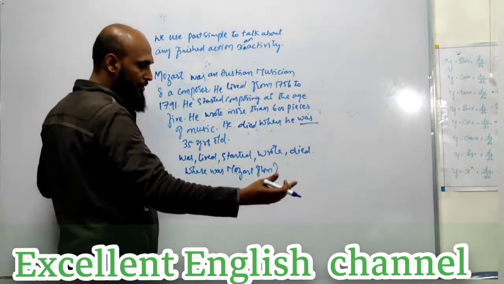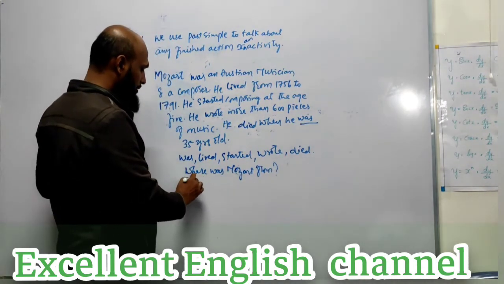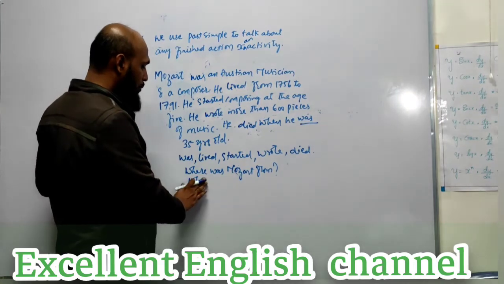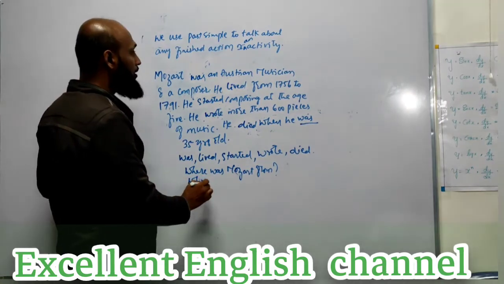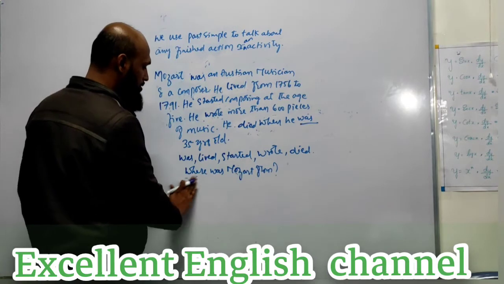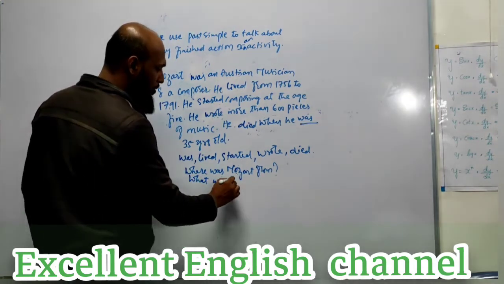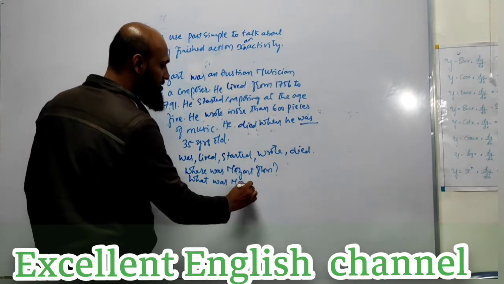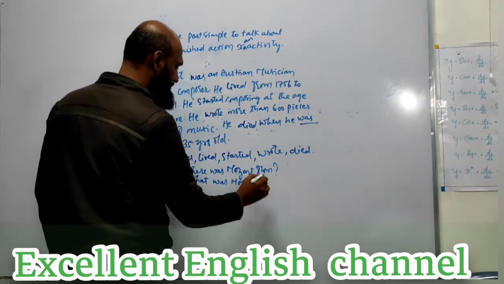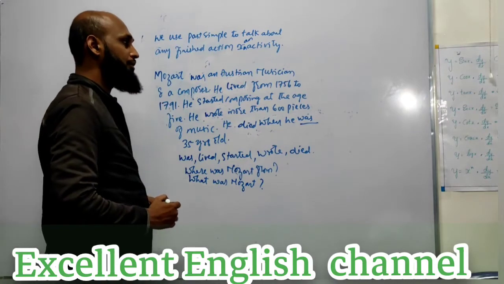Or where was he from? And you can even ask, what was Mozart? If you want to ask, what was he? What was Mozart? Mozart was an Austrian musician and a composer.